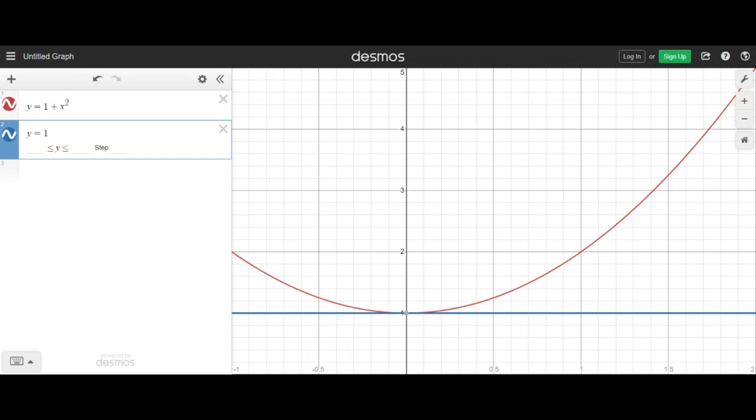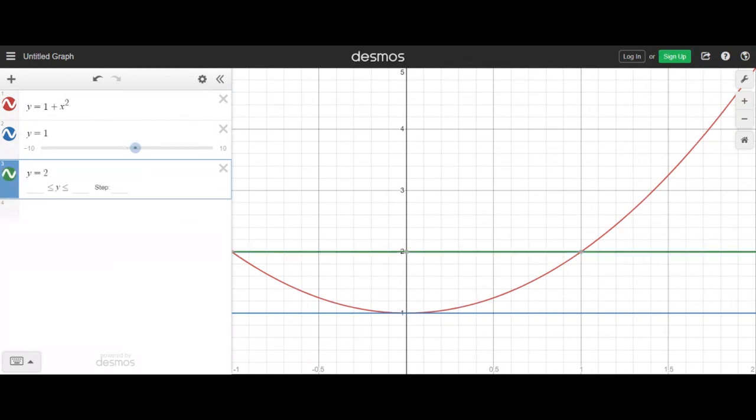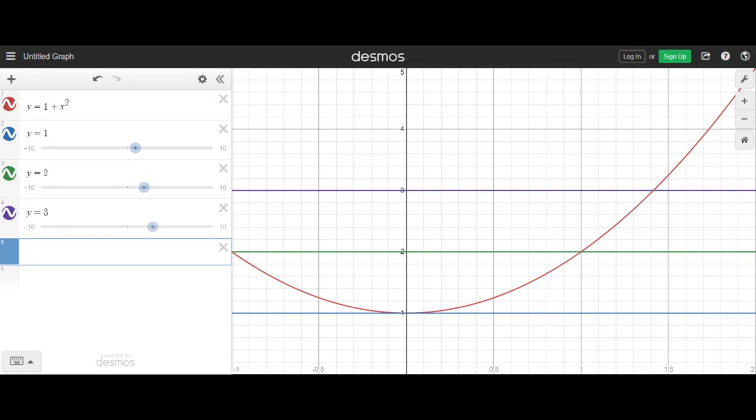Let's put a few more here. Yonatan's thinking too. Let's try, we'll put y equals 2, and we'll put y equals 3. Okay, so if you had to choose between the average value of the function being 1, 2, or 3, what might be your choice? 3.